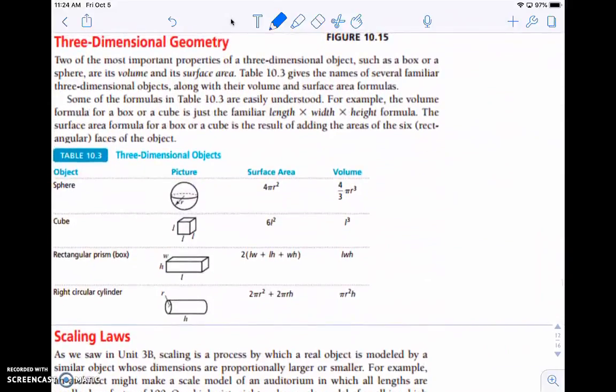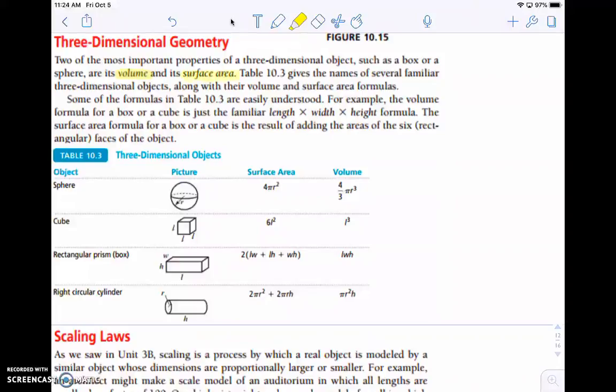Now, when you get into 3-dimensional geometry, there are 2 critical things that we'll look at in this unit, and that is the volume. Basically, if you think of volume, if you have a cup, the volume is how much liquid you can put inside of this thing.